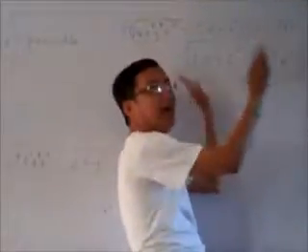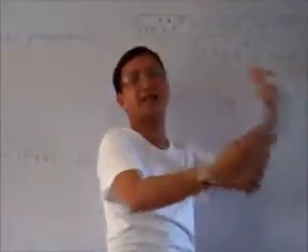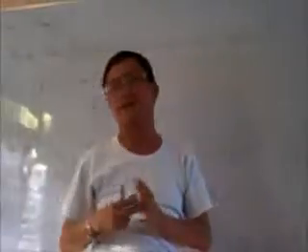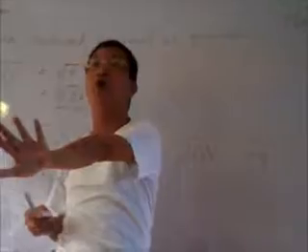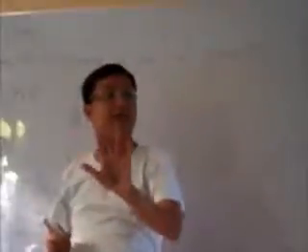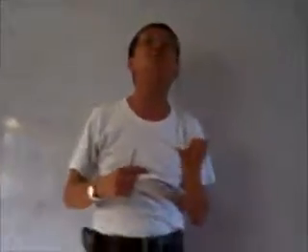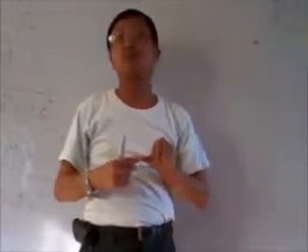Or if you want, you can separate again, applying the properties of radical, one of the properties, rather. And this is rule 4. So far, we have 4 rules already. Rule 1, remove the radical symbol whenever possible.